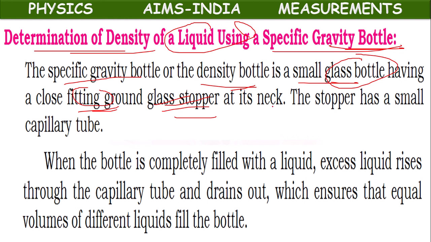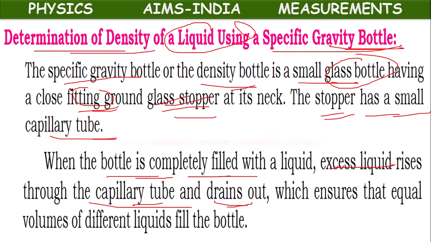The stopper has a small capillary tube. Capillary means a small tube having small holes. When the bottle is completely filled with the liquid, excess liquid rises through the capillary tube and drains out, which ensures that equal volumes of different liquids fill the bottle.